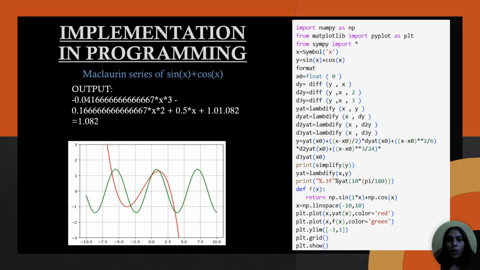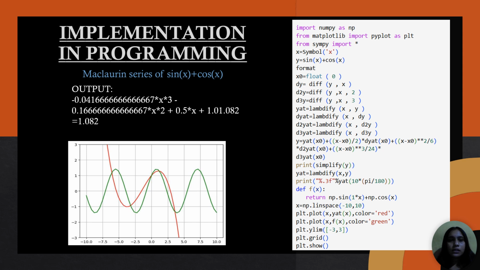So let us see what this graph shows. The green curve, which is the original function, as we took sin x plus cos x, represents a smooth and periodic function. There is a periodic change in the function, and it oscillates with a fixed period.